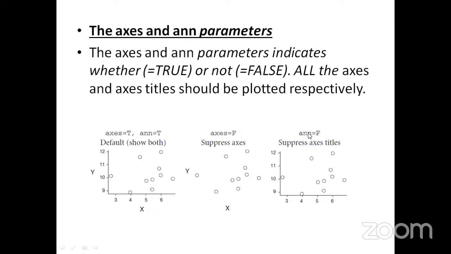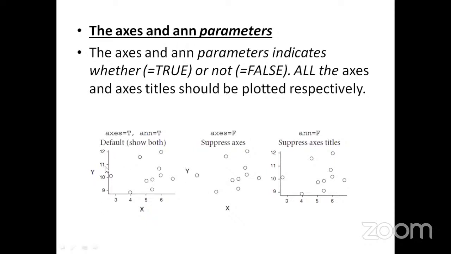If ann is false, one value, that is the axis title, will not be plotted or given. So the x and y titles are suppressed, and you can see nothing is given for x or y.